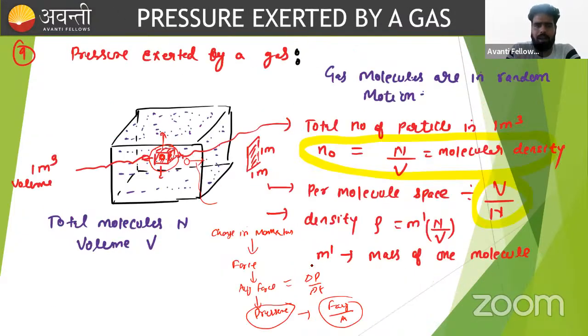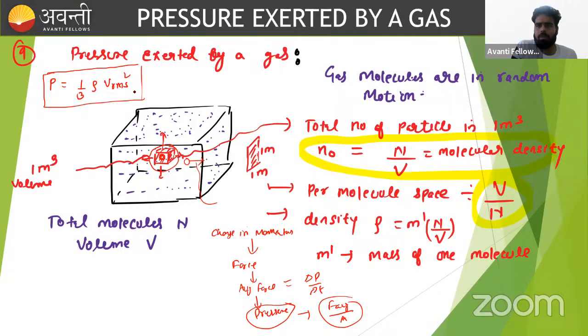So sir, what is the formula here? The pressure exerted by gas molecules because of collision with the container wall is 1/3 rho V RMS square, where rho is the density. Sir, why V RMS square?